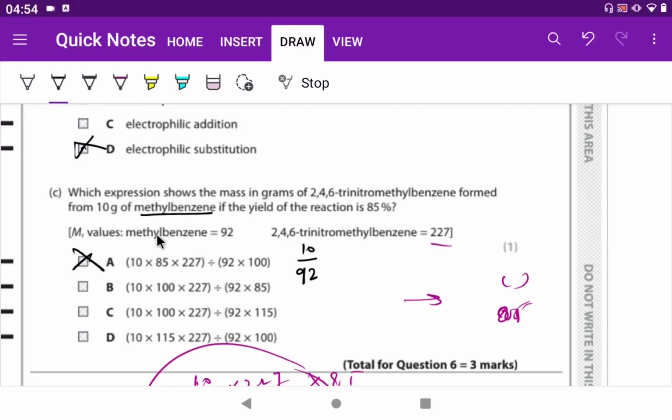This is the moles of methylbenzene, and the same moles of 2,4,6-trinitromethylbenzene will be produced. If we know the number of moles and the molar mass, we get the mass, and it is 85%, so I have to multiply by 85 and divide by 100. So the actual expression would be 10 multiplied by 85 multiplied by 227, divided by 92 and 100. So this is the correct answer, A.